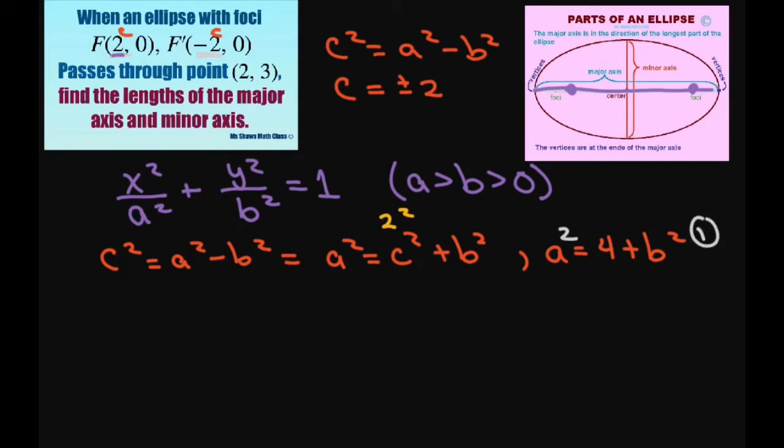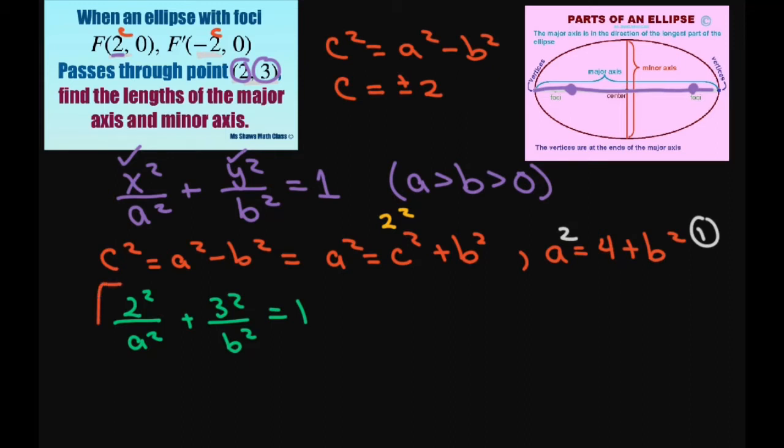All right, now let's look at the ellipse that passes through this point. So I'm going to substitute in my 2 and my 3. I'm going to get 2 squared divided by a squared plus 3 squared divided by b squared equals 1. Now my common denominator is going to be a squared times b squared.